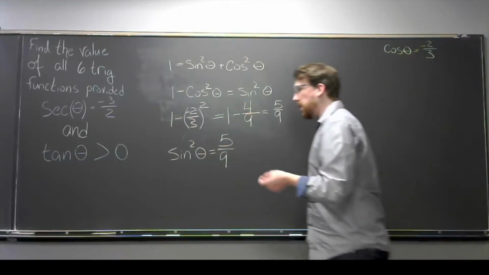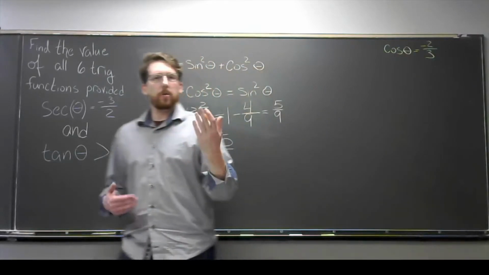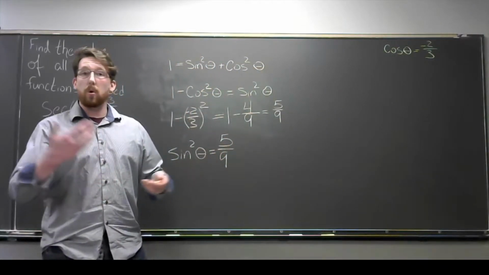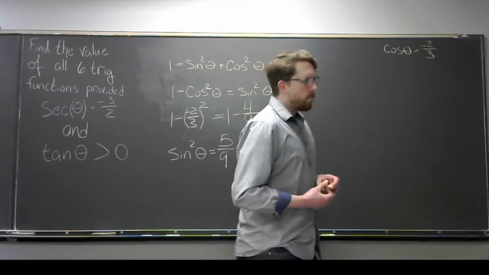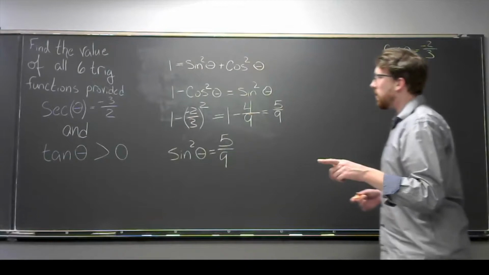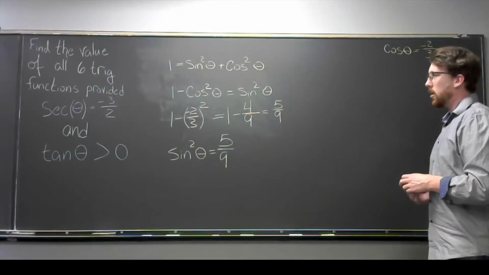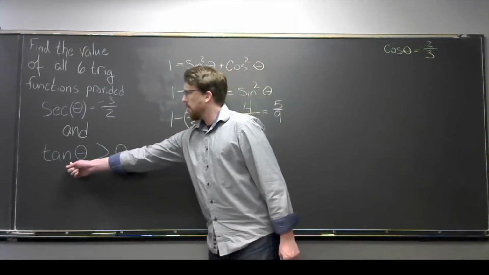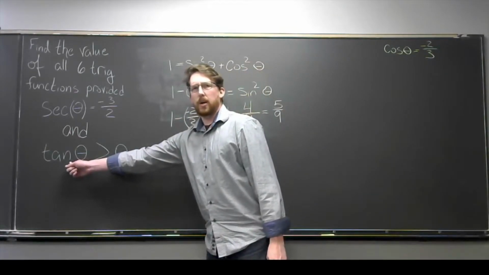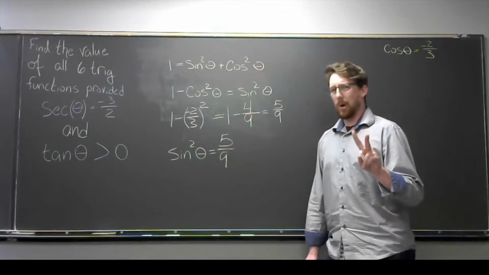So how do we know which one to choose? How do we know if we should choose plus or if we should choose minus? Well, there's two different ways we can go about this. We can start by saying, yeah, this tangent's greater than 0. That only happens in 2 quadrants.